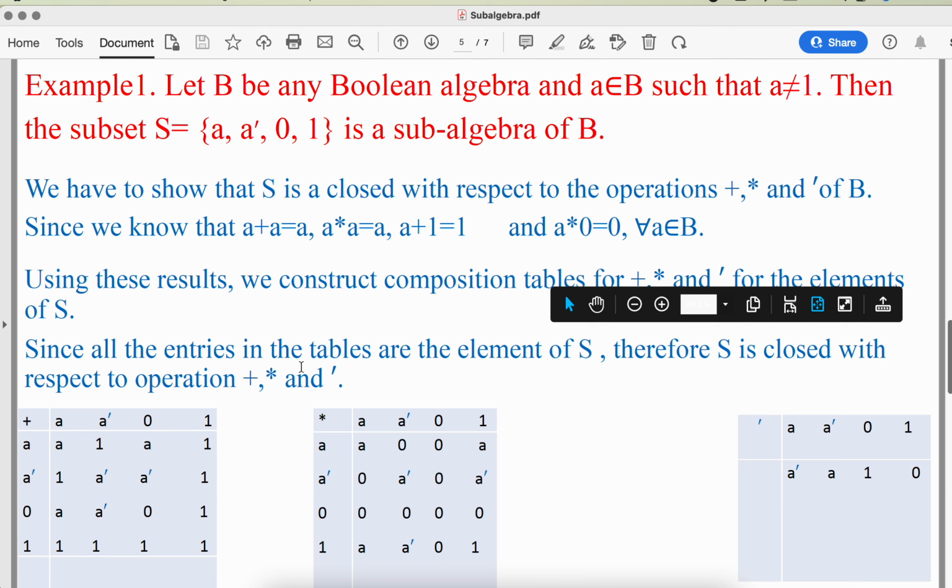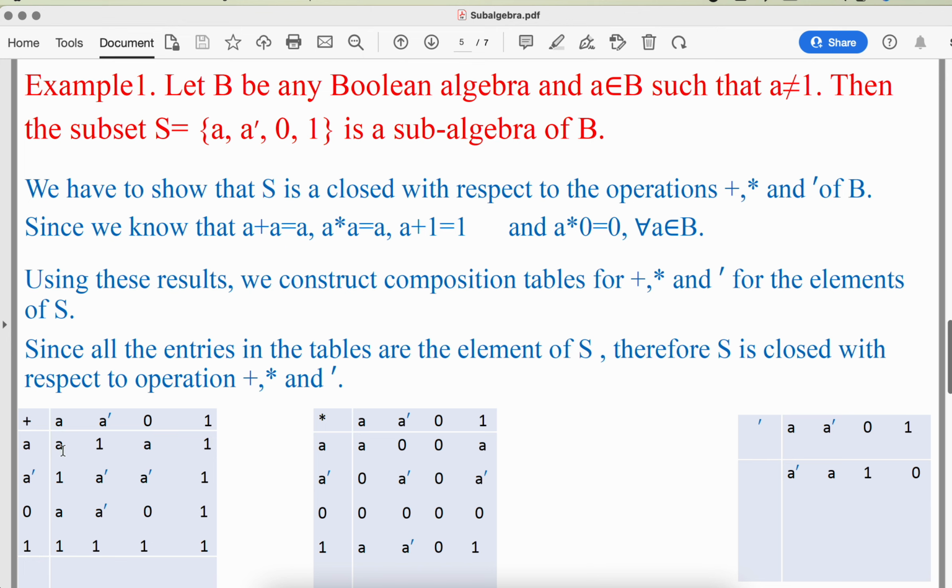So it is easy to construct the composition tables. With respect to addition, we know that A plus A dash equal to 1, A plus 0 equal to A, A plus 1 is equal to 1. I have written all the elements of S in the top border row and in the extreme left column.